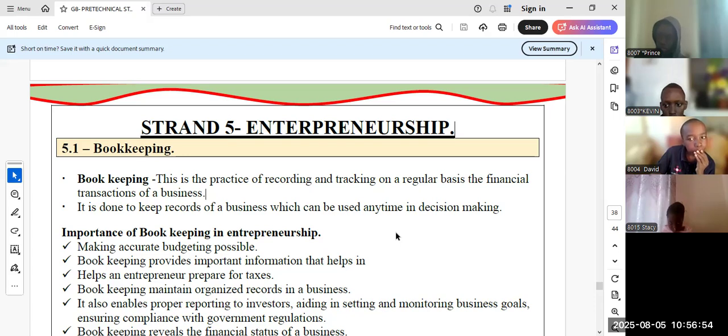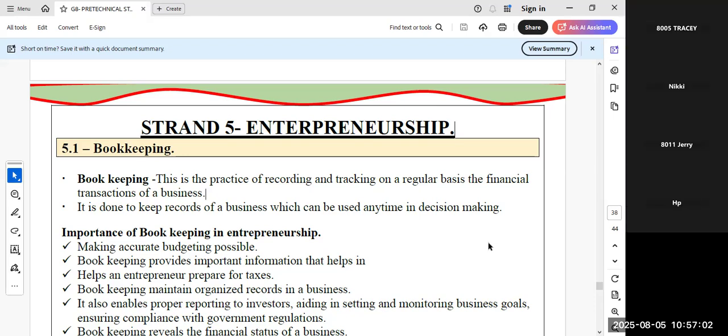And these loaves of bread are in categories. We have the 400 grams. We also have the 600 grams.